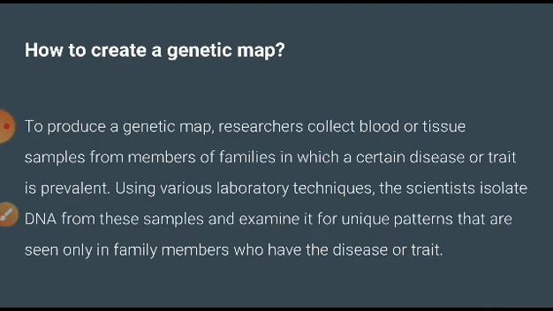They take samples from the body, isolate the DNA of all members, map them, and find the similarity or dissimilarity, what is common and what is rare, and they identify the problem in the gene or the disease-causing reason.